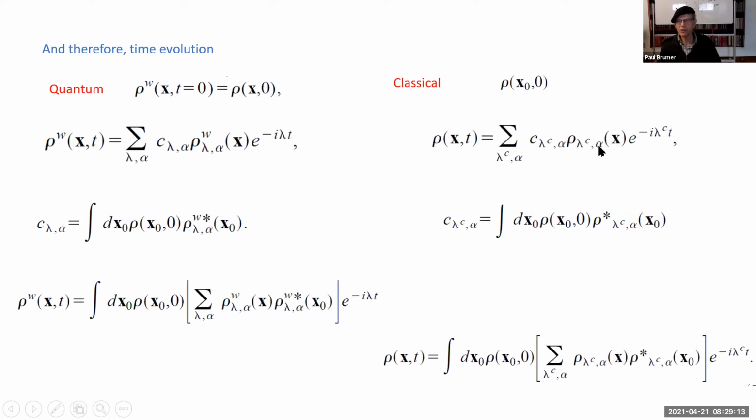I can make initial superpositions here and evolve them in this way, but unless this is positive everywhere, it's not a classically allowed entity. That's the major difference. So it's built out of superpositions, but the superpositions are functions which are complex, with complex exponents in the time evolution.